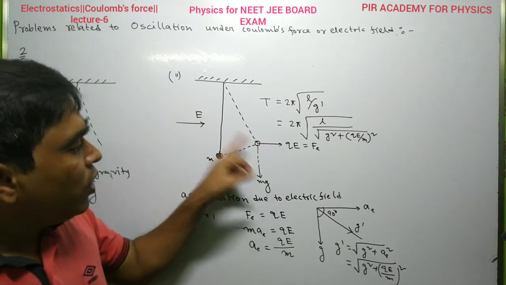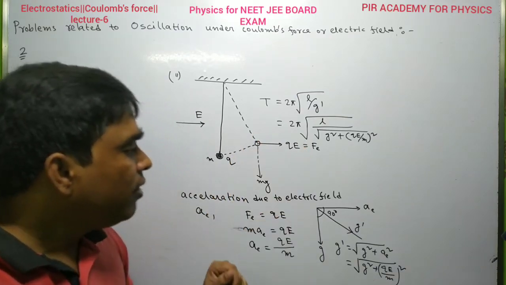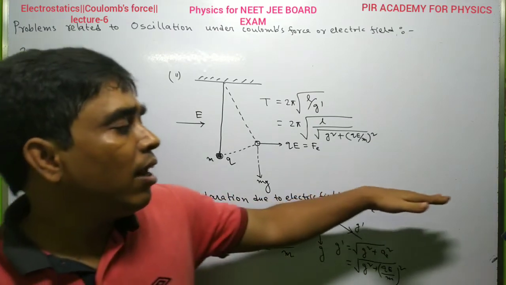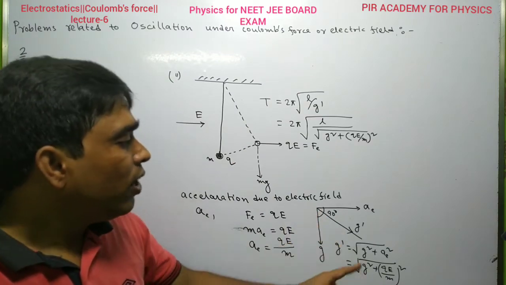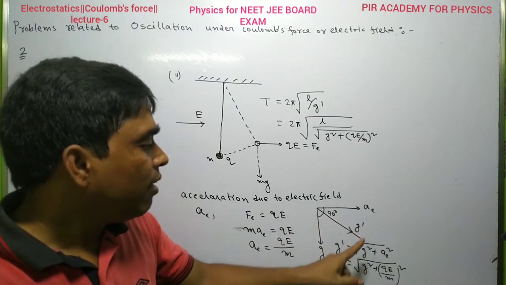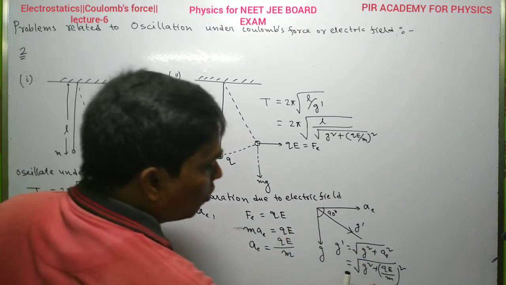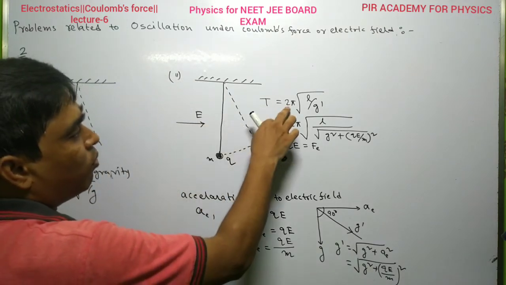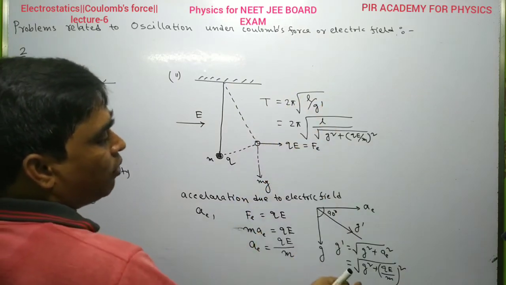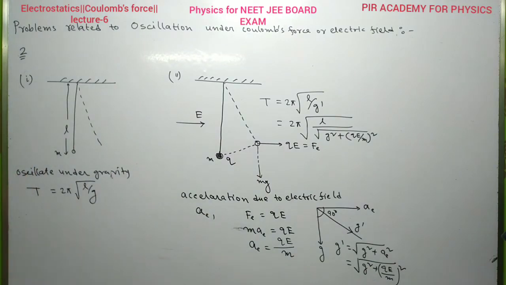So in this condition, the acceleration due to gravity is along this direction, the acceleration due to electric field is along this direction, so the resultant acceleration will be along this direction, and suppose the resultant acceleration is g dash, so g dash will be root over g square plus a square. If I put this value, it will be this. So in this condition, the time period of this oscillation will be 2 pi root over L by g dash. Here you have put the value of g dash. This is the condition number 1. Now condition number 2.